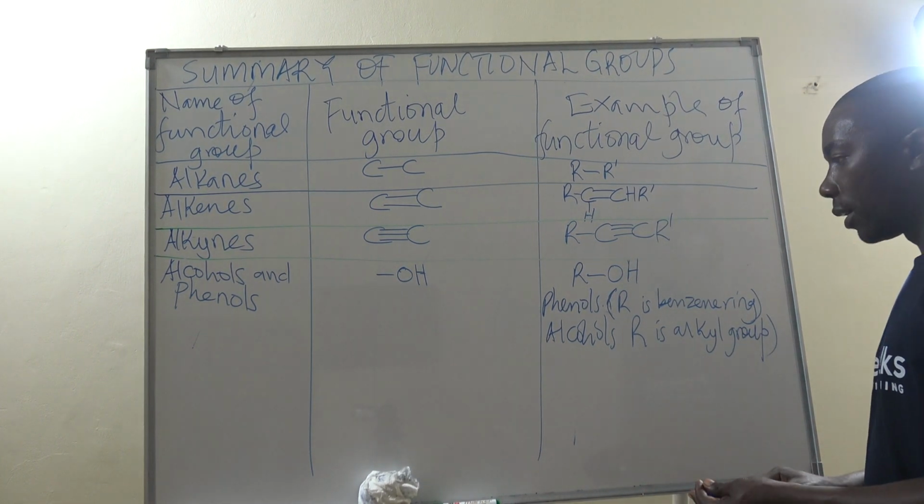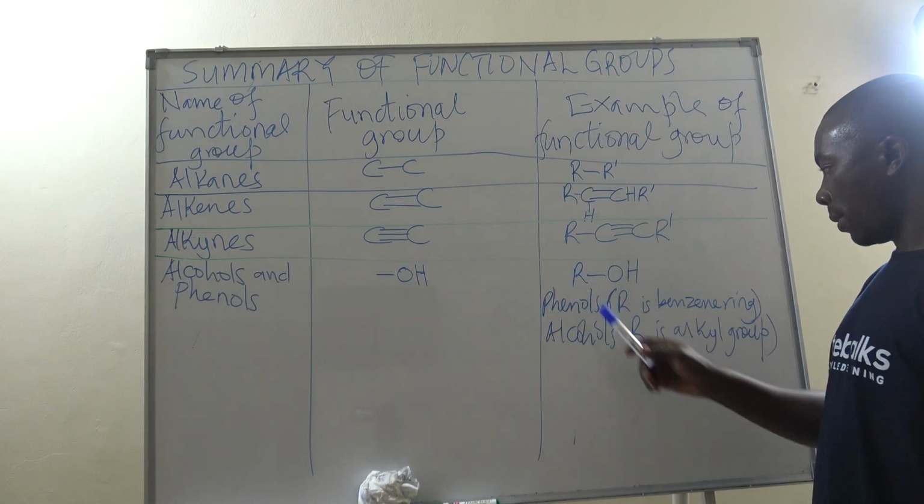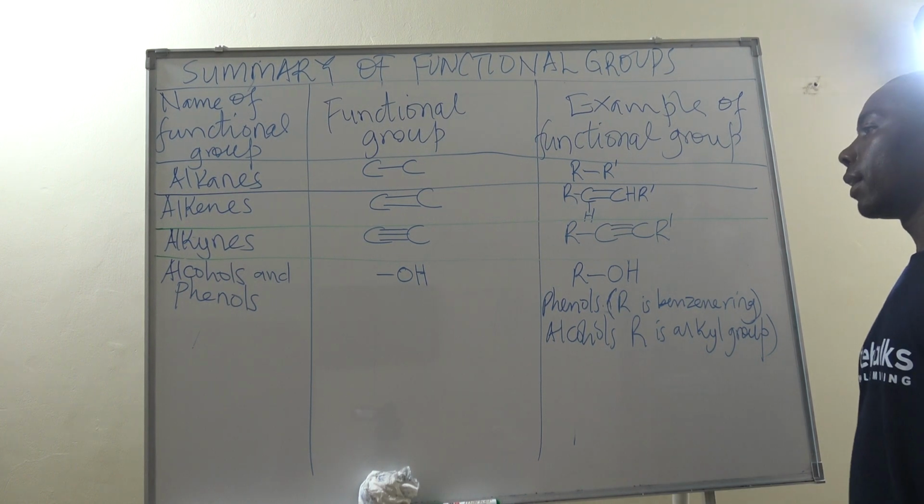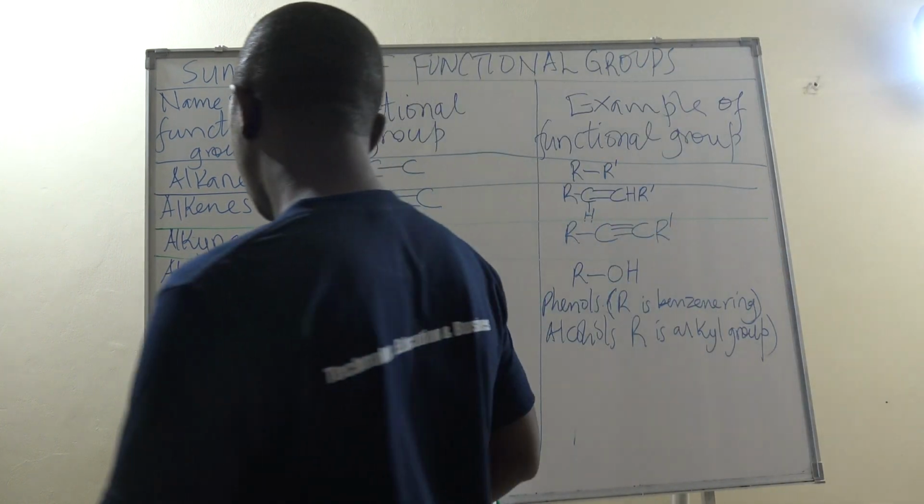Phenols will have R as a benzene ring, while alcohols will have R as an alkyl group.